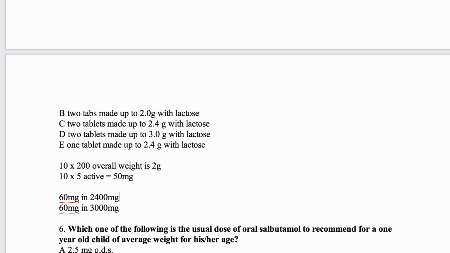So what are these as percentages? Well, 60 divided by 2,400 is 0.025. This one is 60 divided by 3,000 is 0.02.